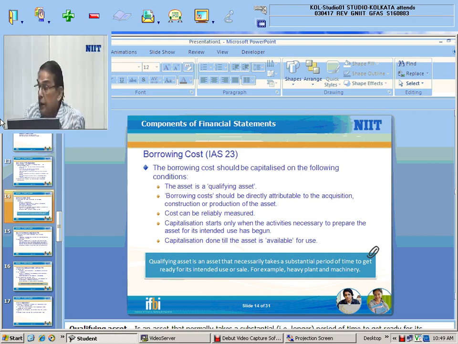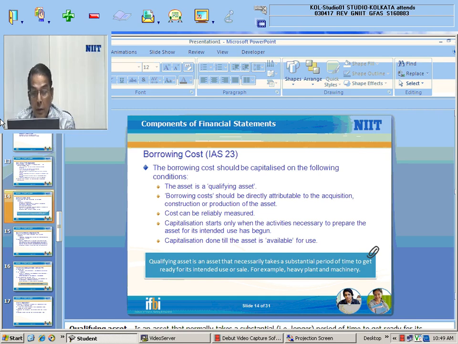If you are acquiring a new ship, it takes maybe around 12 months or more to build. So this kind of heavy plant and machinery or building, which takes a substantial period of time to get ready for the intended use or sale, are called qualifying assets.